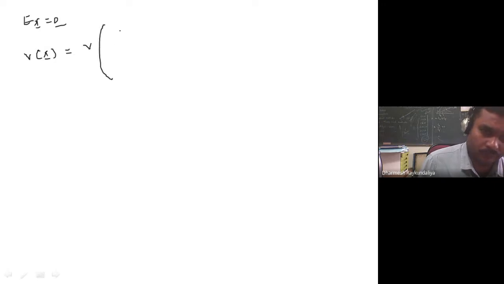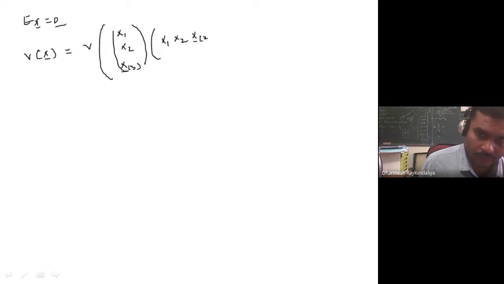But if you find out the variance of x, what will you get? In variance of x, you can get expectation of x1, x2, x3 times x1, x2, x3 transpose. So how will you get?